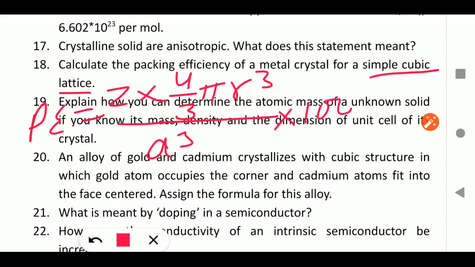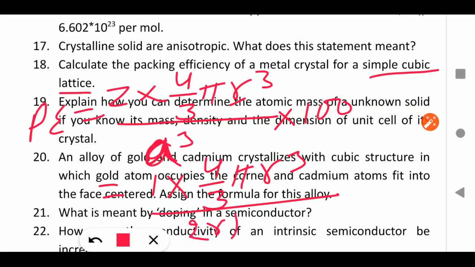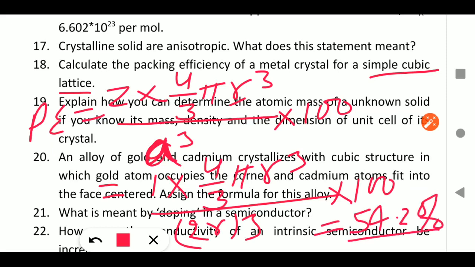For a simple cubic unit cell Z is 1, so 4/3 pi r cube, and because here r is there, we will change a by r. For a simple cubic unit cell a is equal to 2r, cube, into 100. When you solve, you will get the answer 54.2%. I hope you have understood this.